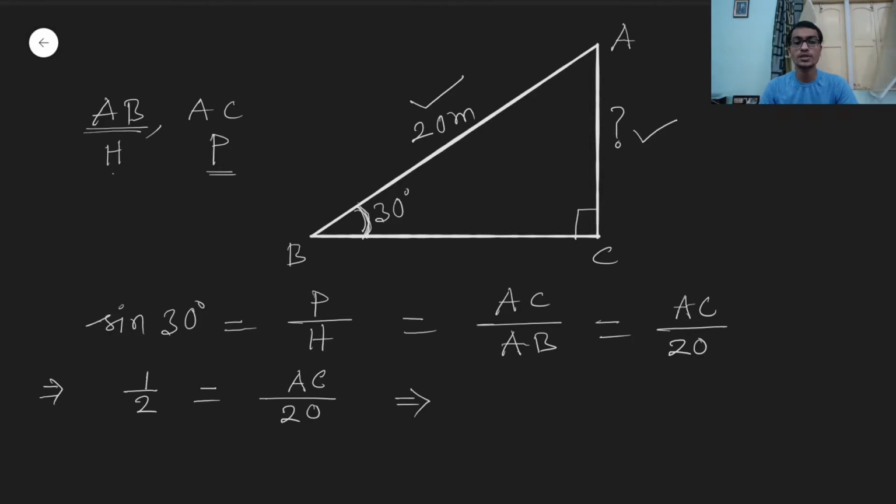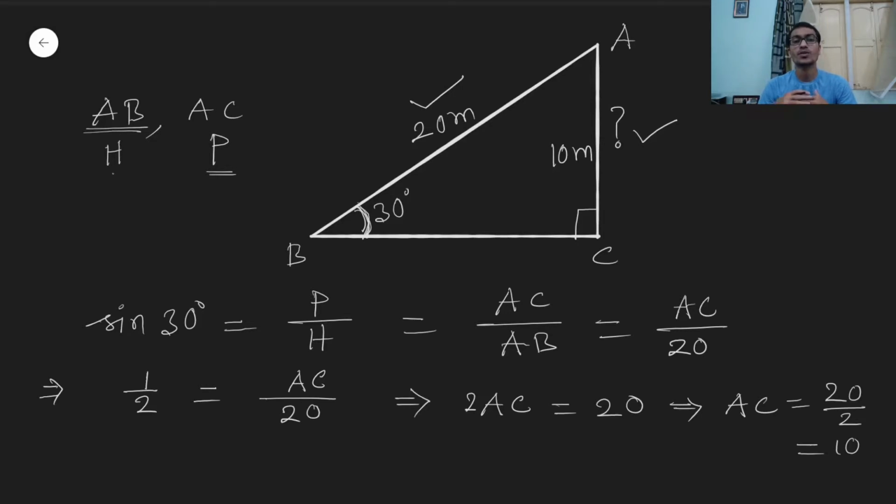Solving this, 2 into AC equals 20, which gives AC equals 20 by 2, that is 10. So the side AC is of length 10 meters.